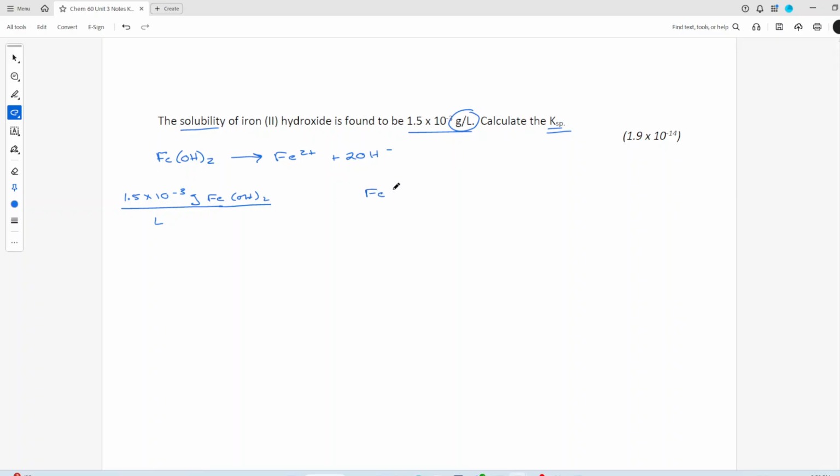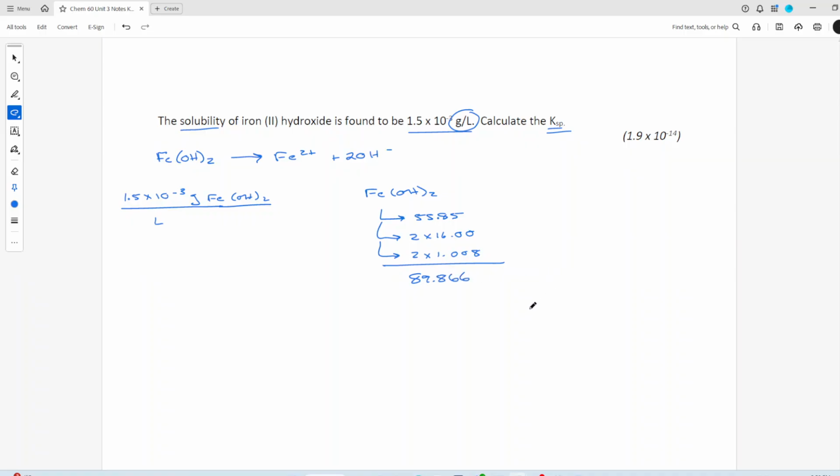Now, iron hydroxide would have a molar mass of what? Well, it is 1 iron, which is 55.85. It is 2 oxygens, which are 16 each. And it is 2 hydrogens, which are 1.008 each. So the molar mass of iron hydroxide is 89.866.